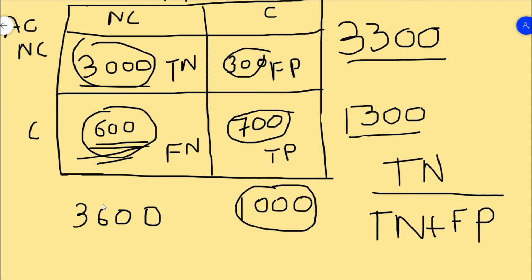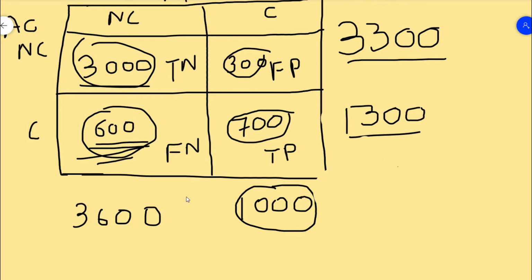The next one is known as false positive rate. There is always a need to find out how many data points our model has incorrectly classified as positive instances. That means how many data points are classified as cancer patients. So in this case we find out the false positive rate.